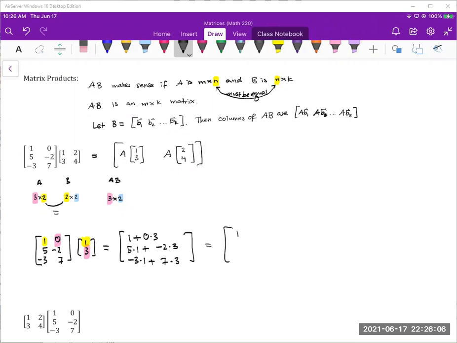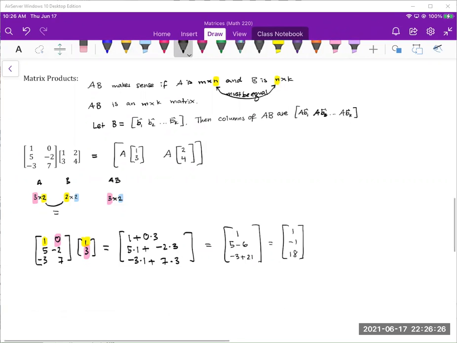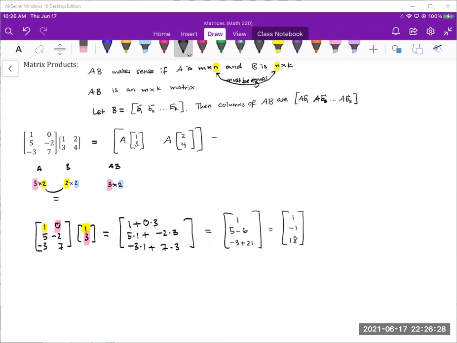So this will give us 1, 5 minus 6, and negative 3 plus 21, or 1, negative 1, 18. This will be the first column of this product.